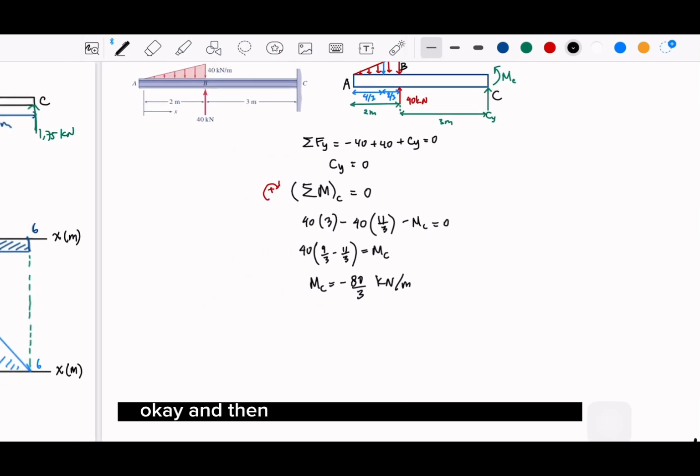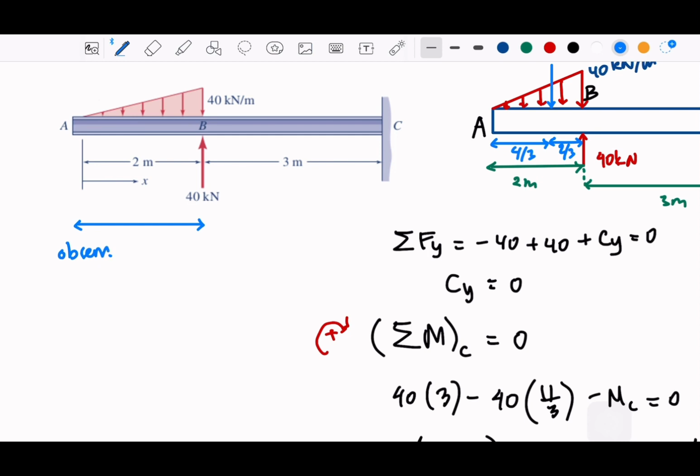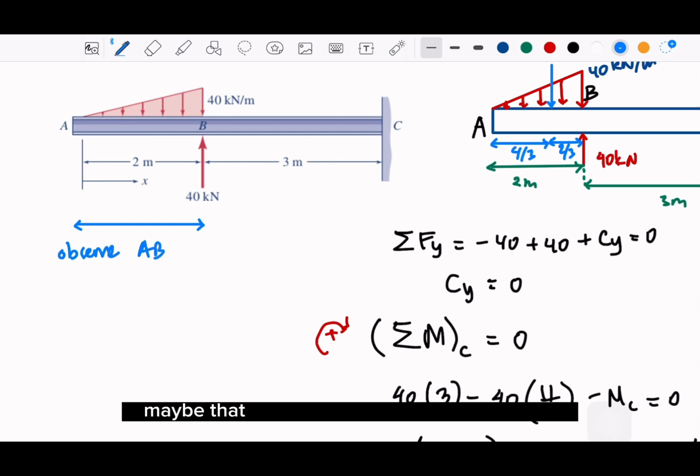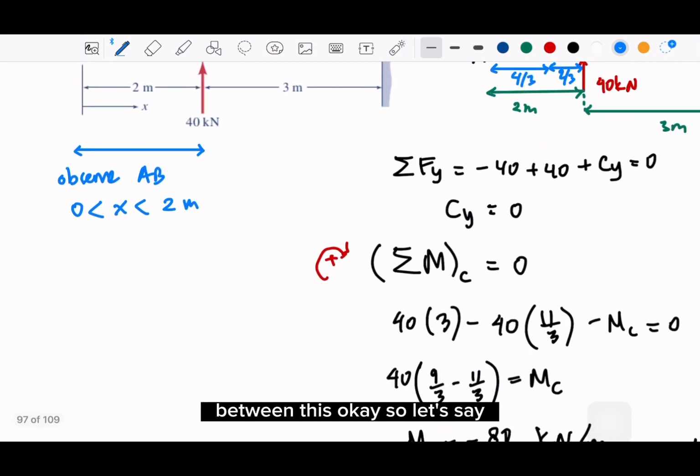Okay, and then we could take the segment AB. We can observe this segment AB, taking a cut between this.